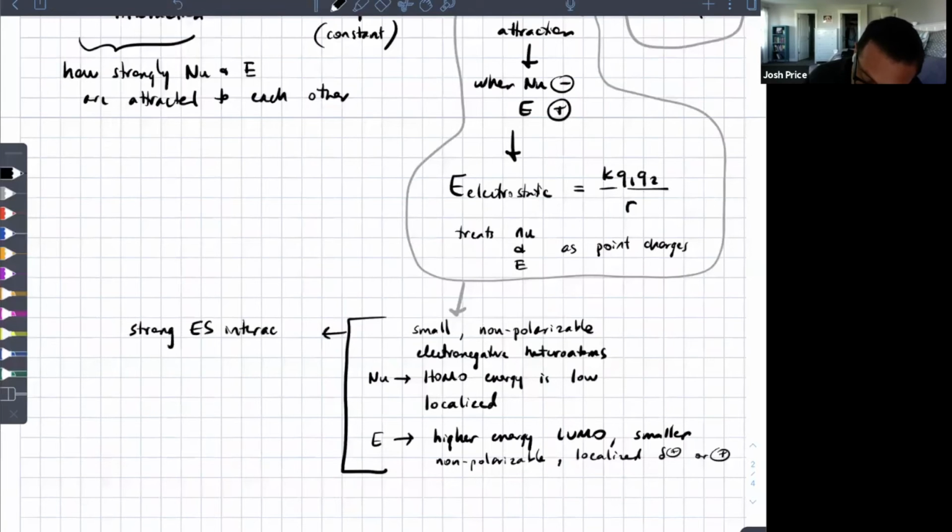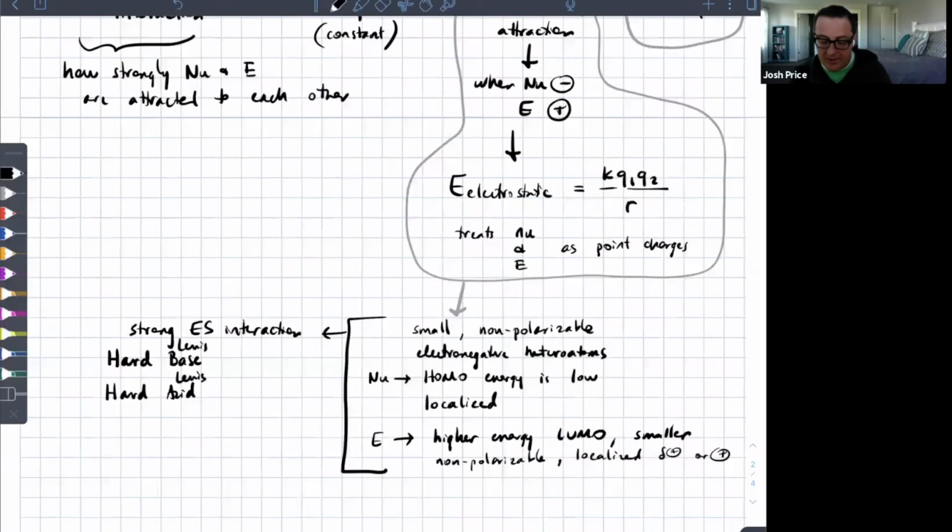Because of that, we're going to call the nucleophile a hard base and the electrophile a hard acid, a hard Lewis base, a hard Lewis acid, a hard nucleophile, a hard electrophile. And we're going to contrast that with soft bases and soft acids, or soft nucleophiles and soft electrophiles.